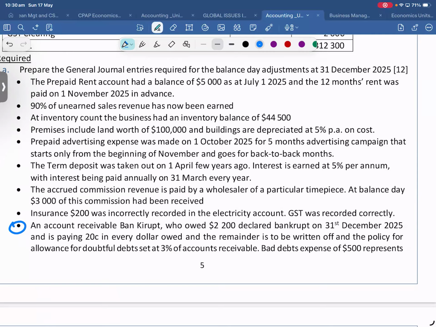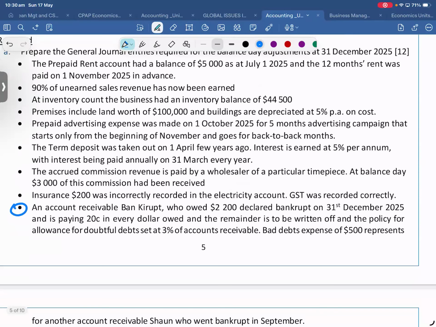$760. 1060. For what? Well, for the term one. The 3%. Before that, we had to do the write-off.